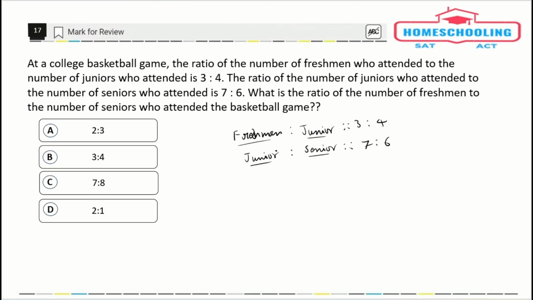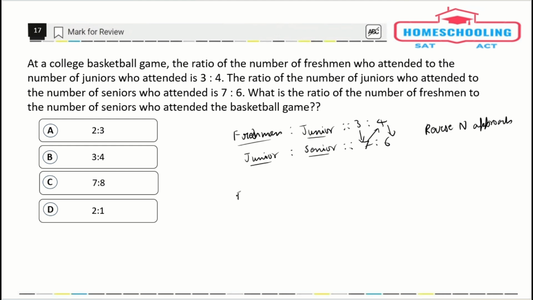As we can see, junior is common here. So we can use the reverse approach.